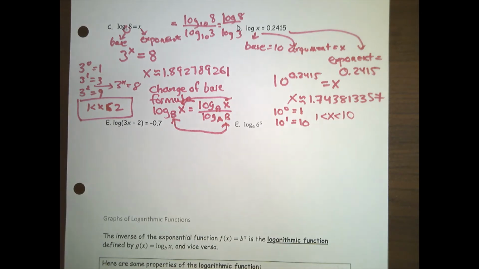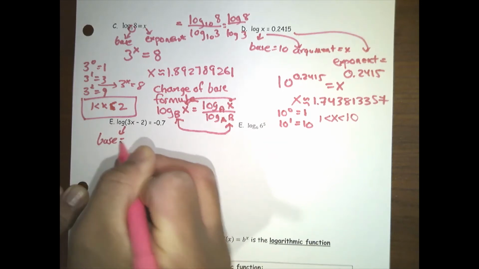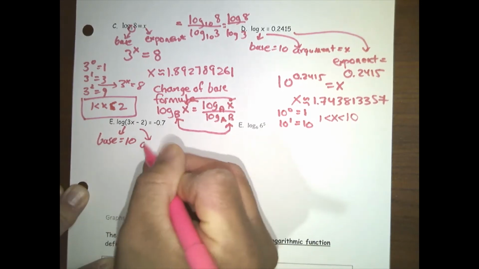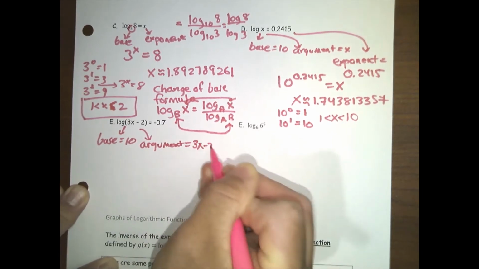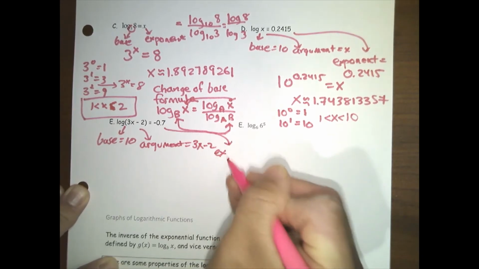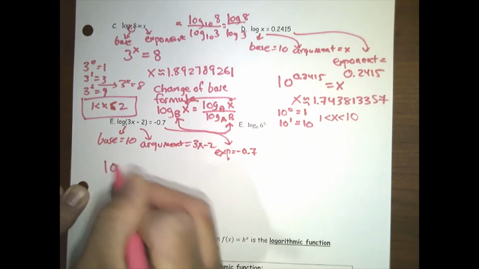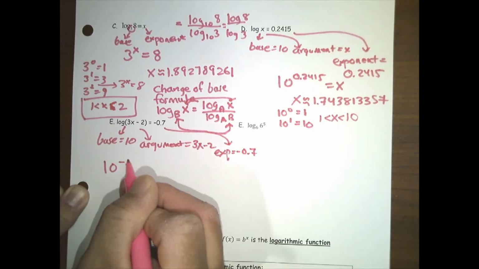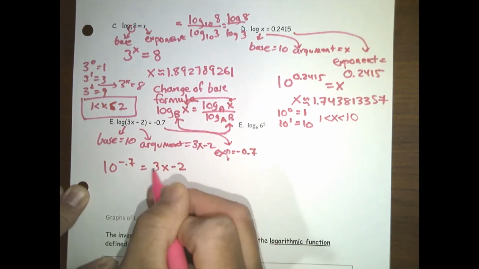All right, the next one, log of 3x minus 2 is equal to negative 0.7. So here the base is not given again, so base is 10, and the argument is 3x minus 2, and the exponent is negative 0.7. So I have 10 to the negative 0.7 is equal to 3x minus 2.